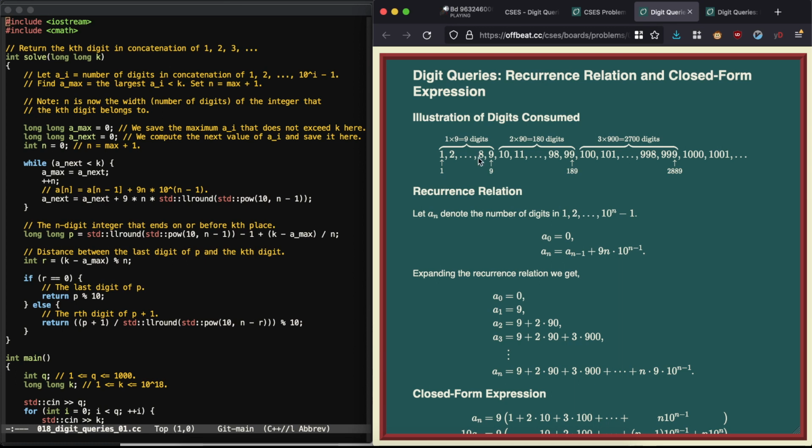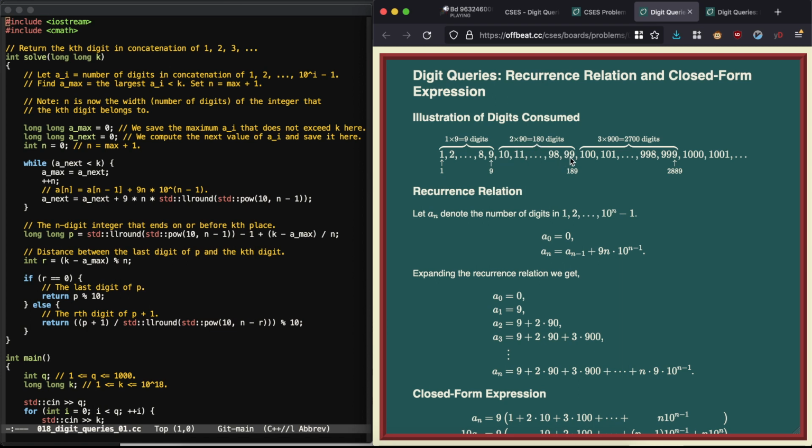For example, these are all the 1 digit integers, and how many digits do they consume as a group? 9 digits, because each one is just consuming 1 digit. How about this? From 10 to 99, these are all 2 digit integers, and 99 is the largest 2 digit integer. So how many digits have they consumed? That would be 2 times the number of integers that we've got here, and we have 90 integers. So 2 times 90 equals 180.